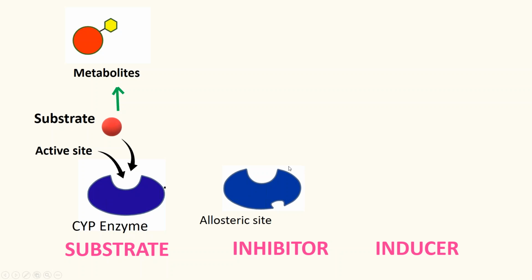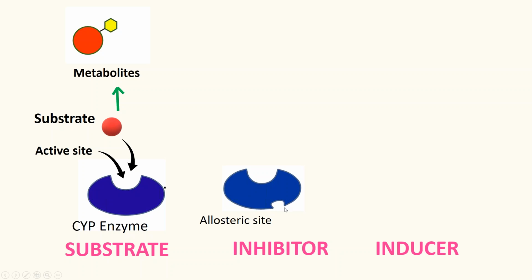Basically, inhibitors are the drugs that bind to those enzyme sites. There are two sites here. One is the active site, and the other is the allosteric site, which is other than the active site. Drugs can bind to either the active site or the allosteric site, and eventually they inhibit or decrease the activity of the enzymes.